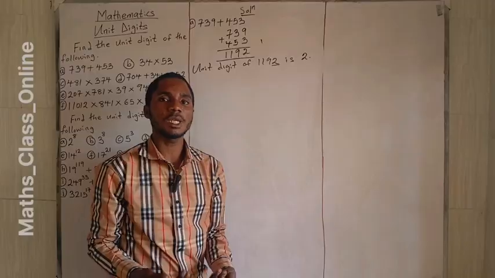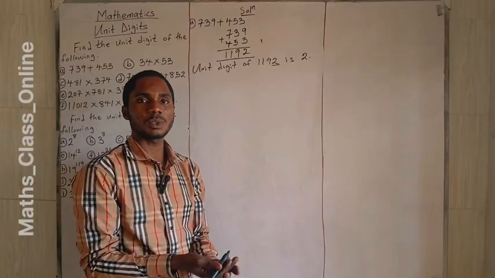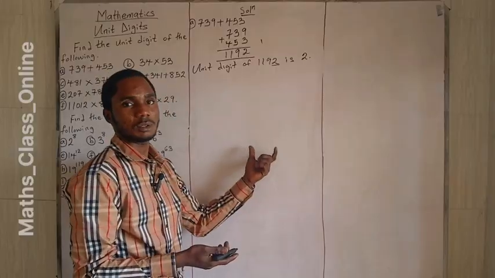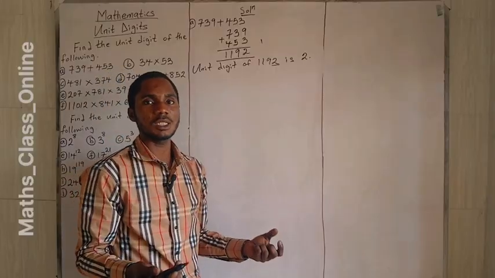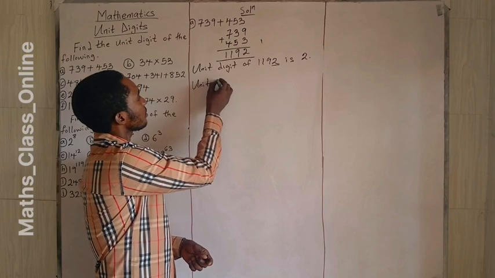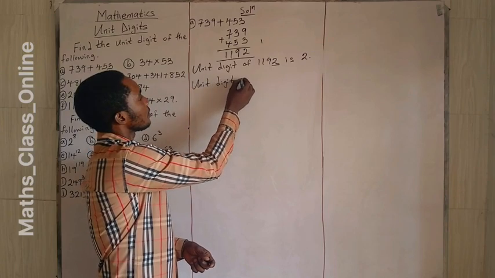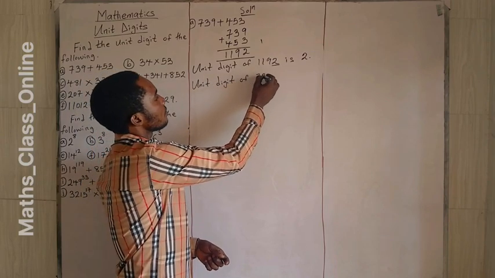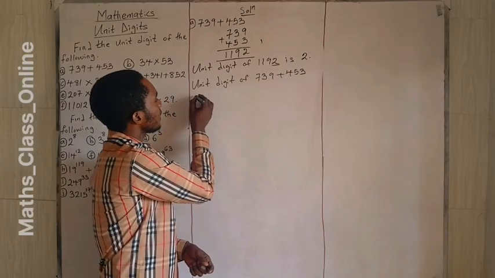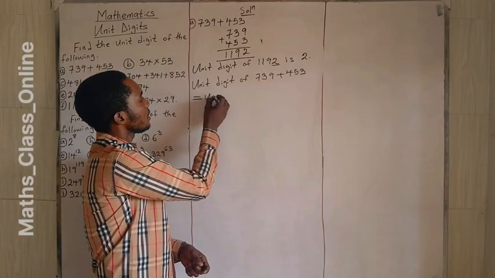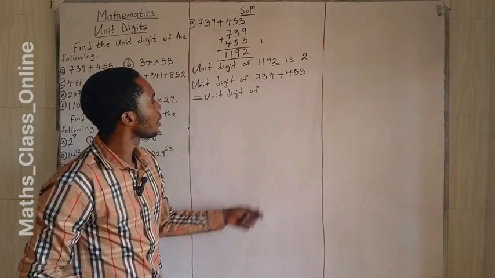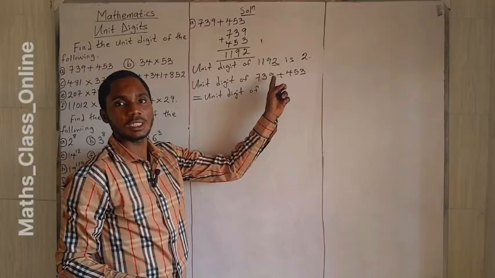But what if we are given more than 3 numbers to sum together, or more than 3 numbers to multiply together? Are we going to use this method? Another simplified way of finding unit digits is this: the unit digit of 739 plus 453 is the same thing as the unit digit of, what is the unit digit of 739 here?